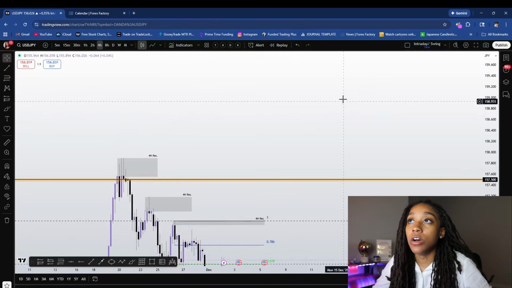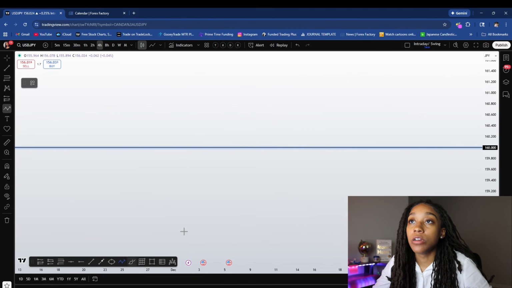Because remember, when we are doing break and retest and make the correction, that structure is the point where we want to make sure we come back above. So when price is dipping back below, price can liquidate as much as it wants, but we're not really interested in buying until we come up here.